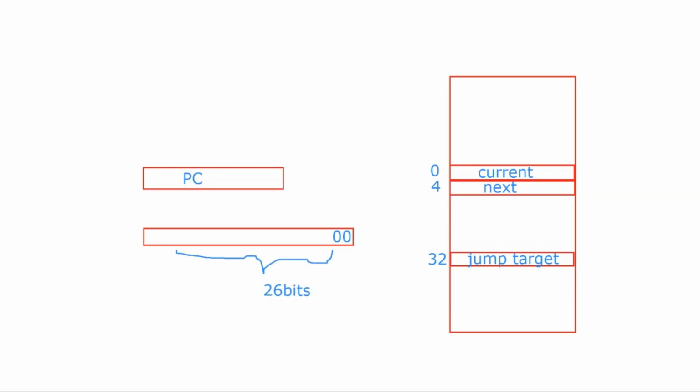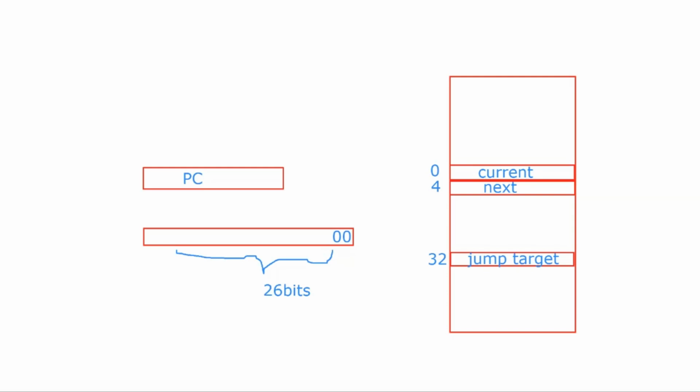The 26-bit address says how many instructions you want to jump, not how many bytes. To get the address in bytes to the target, you need to append these least significant 2 bits at the end of the 26-bit address, and it becomes a 28-bit address. So what happens to bits 29, 30, 31?